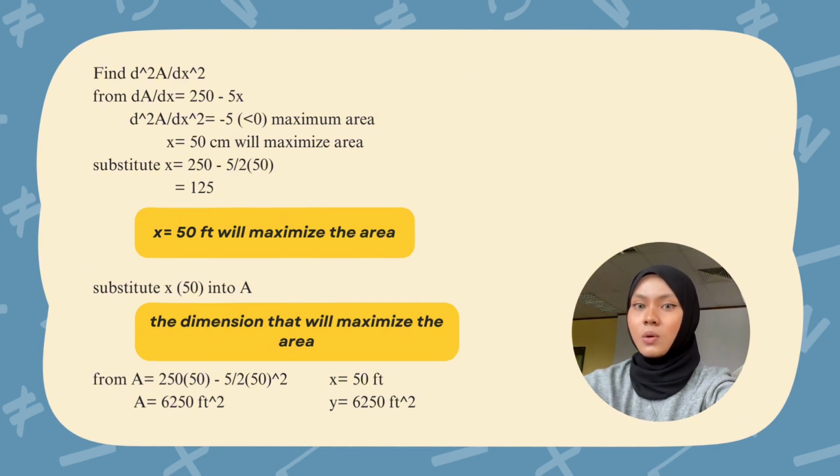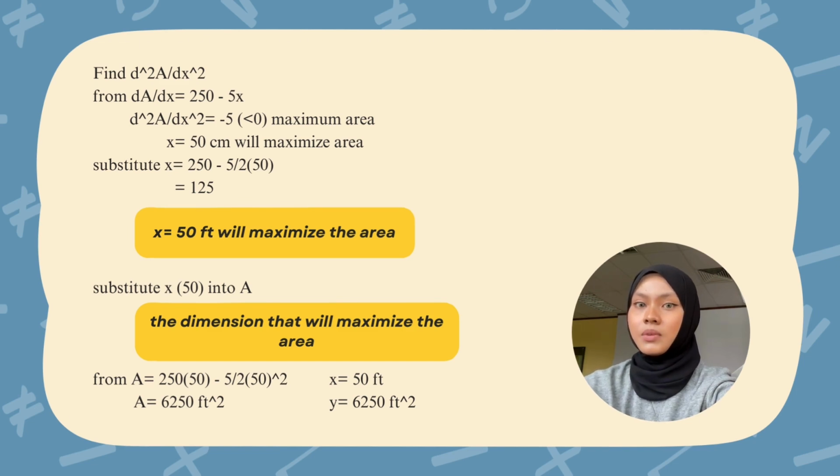After that, we substitute the value of x that we got from the previous slide, which is 50. So the equation will be 250 minus 5/2 times 50, and we get 125. The value of x will be 50 feet that will maximize the area.